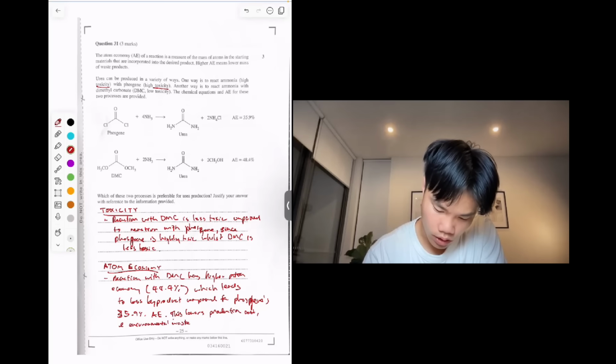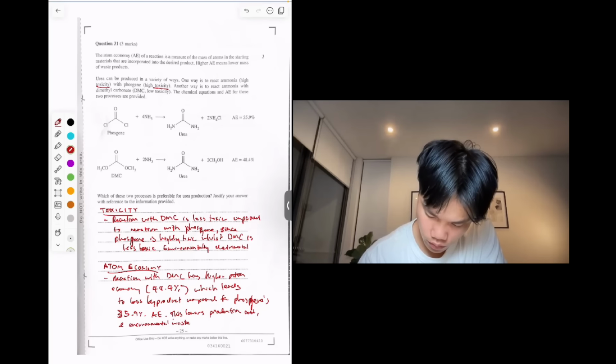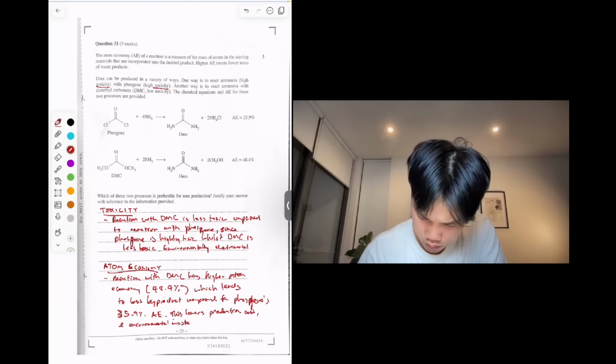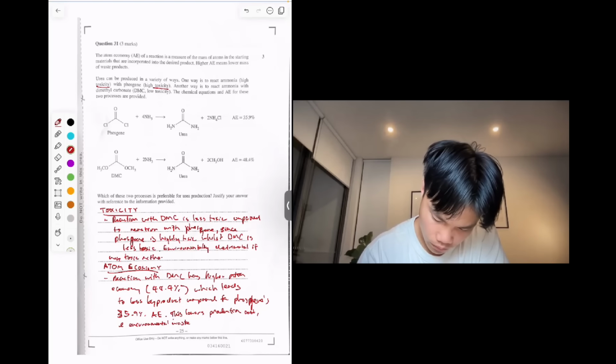You could also mention in the toxicity that therefore this is environmentally detrimental if the more toxic method is used.